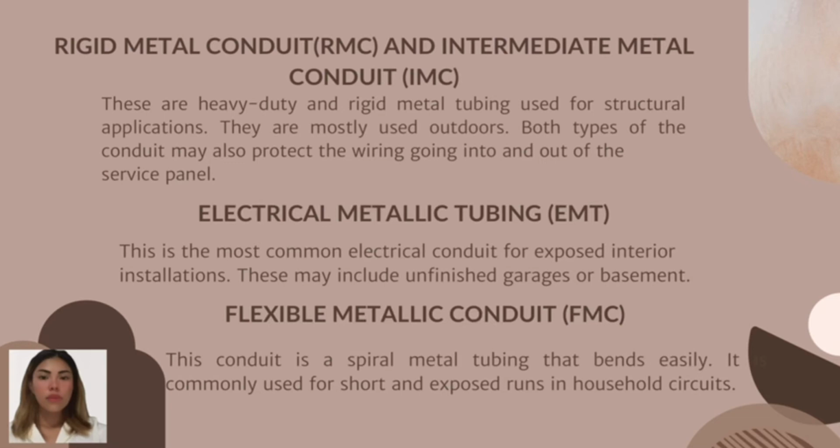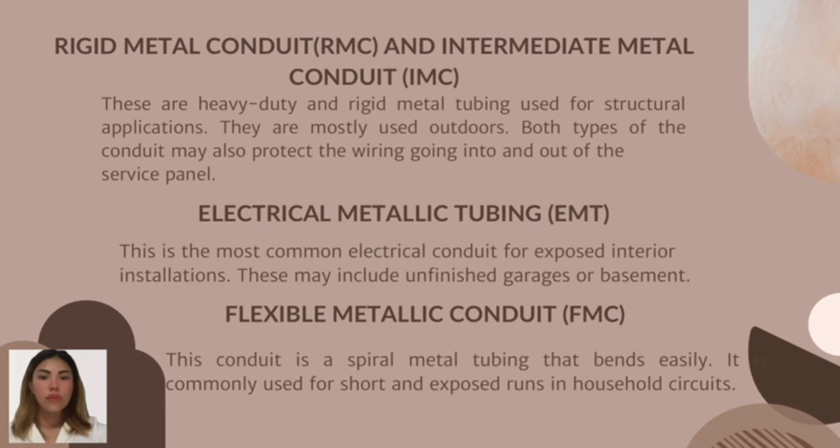Our second conduit are electrical metallic tubing or EMT. This is the most common electrical conduit for exposed interior installation. This may include unfinished garage or basement. EMT is the thinnest and lightest of the rigid metal conduit pipes.